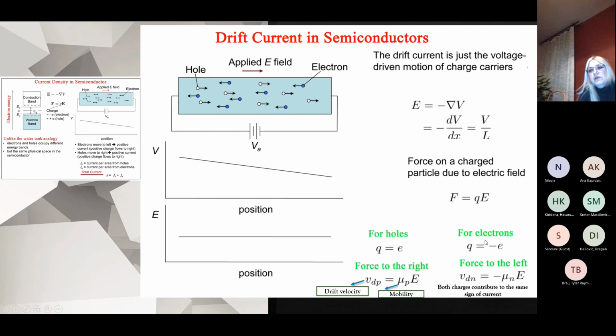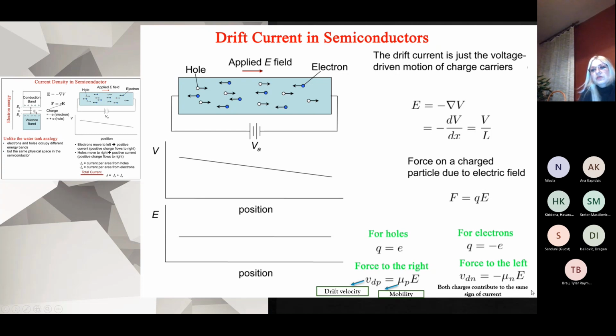And for electrons, which are negatively charged, you have a force to the left. Here you see holes going to the right and electrons going to the left. The drift velocity of the electron is just the negative sign, the mobility of the electron times the electric field.